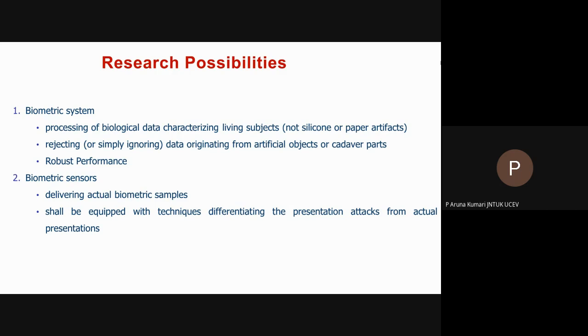That means at authentication time, if instead of your face you put a photo on your mobile, or some video, or a normal paper photo in front of your sensor, the sensor has to recognize that you are trying to capture data from a non-living thing. That is called a presentation attack. While designing the sensors itself, we can also incorporate this optimization technique to detect that attack.